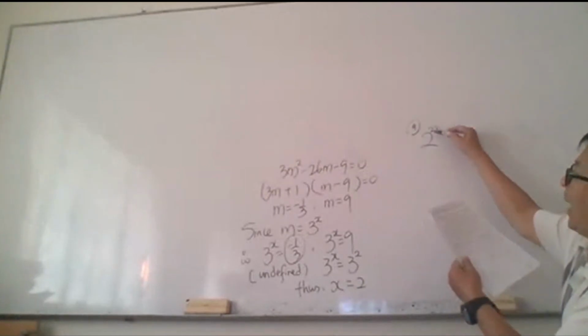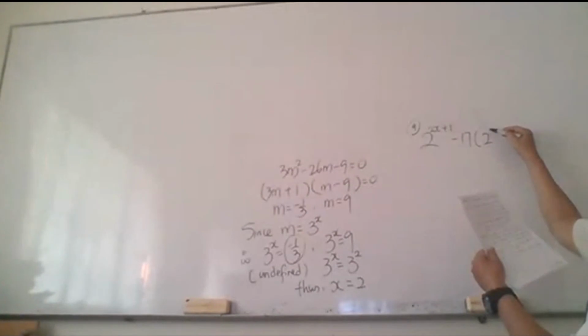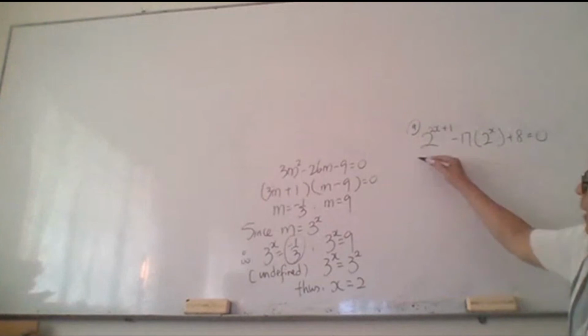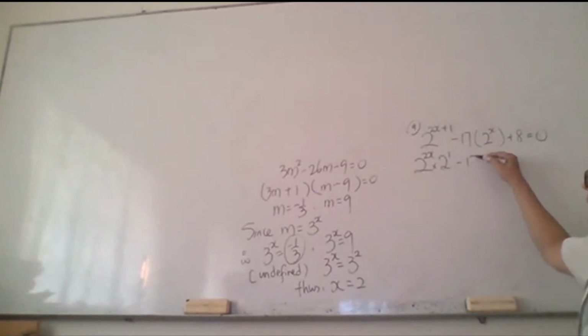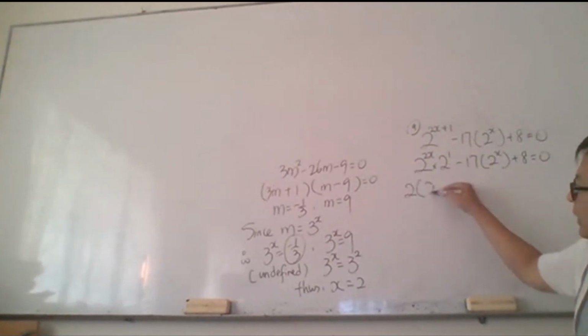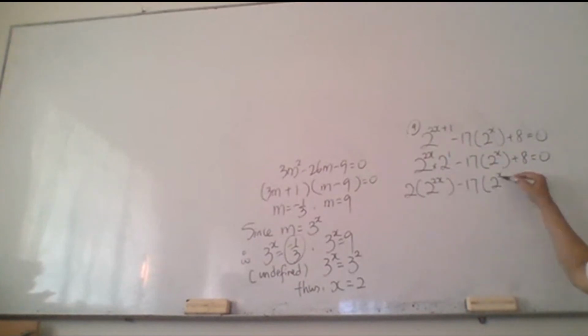2^(2x+1) minus 17 times 2^x plus 8 equals 0. I will put 2^(2x) times 2^1 minus 17 times 2^x plus 8 equals 0, so that I put the 2 first. I'm not going too fast, so you go through step by step.